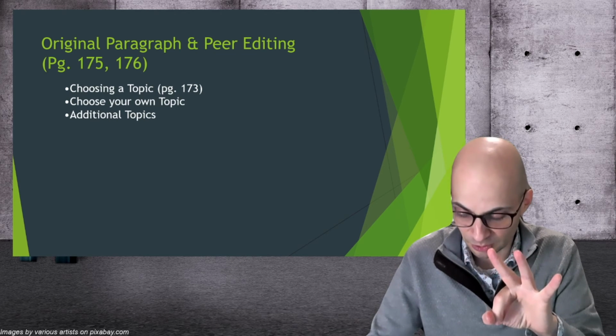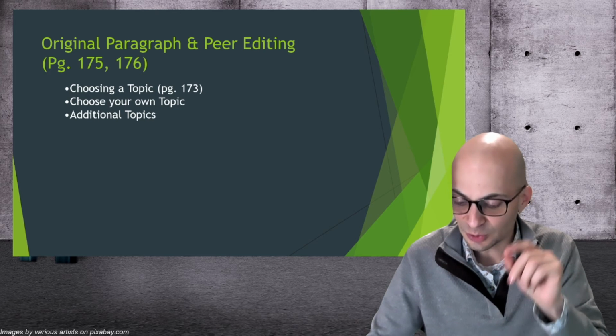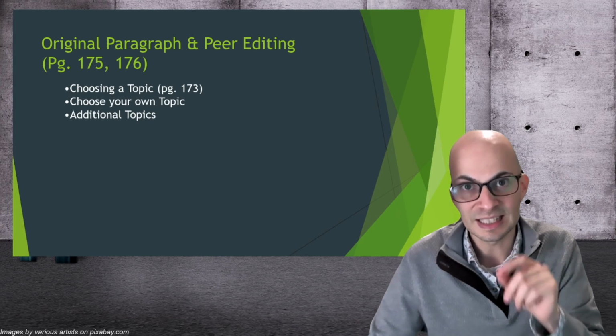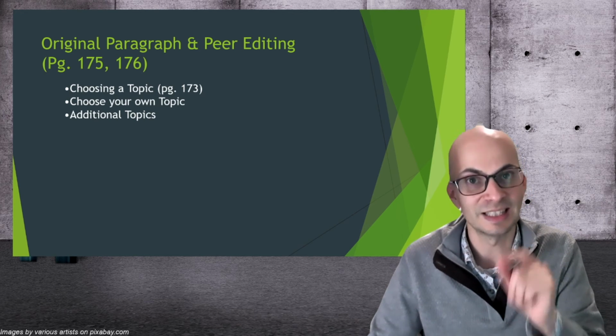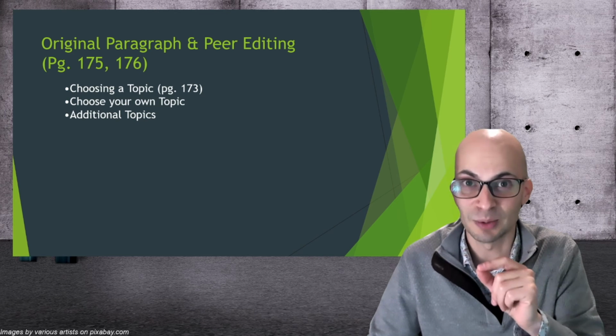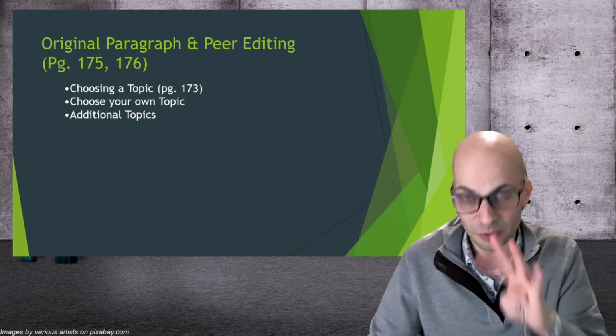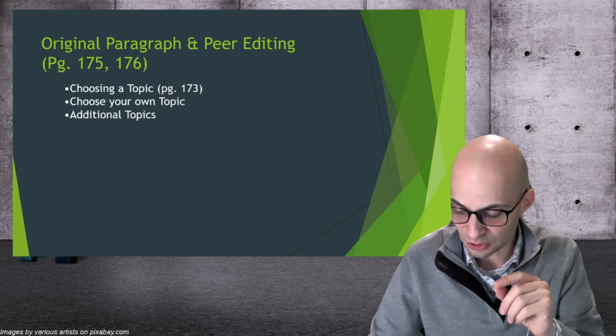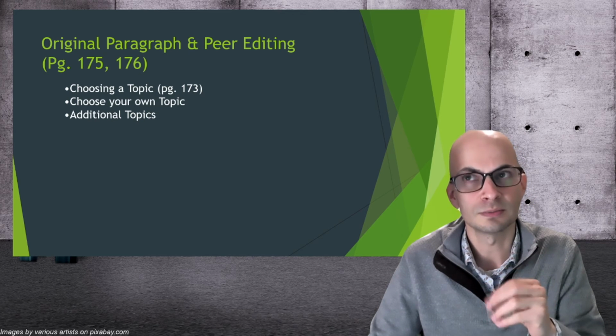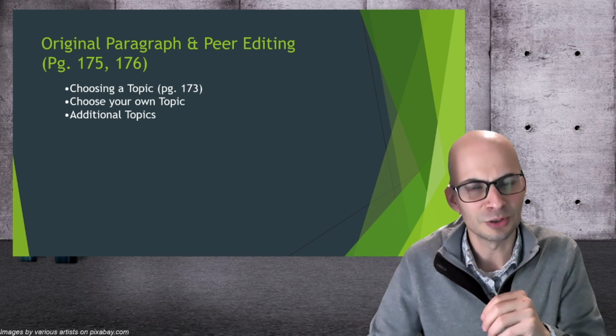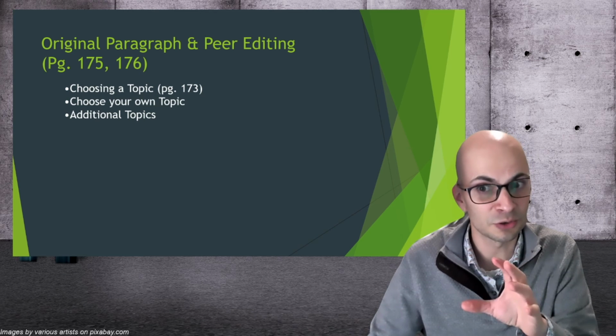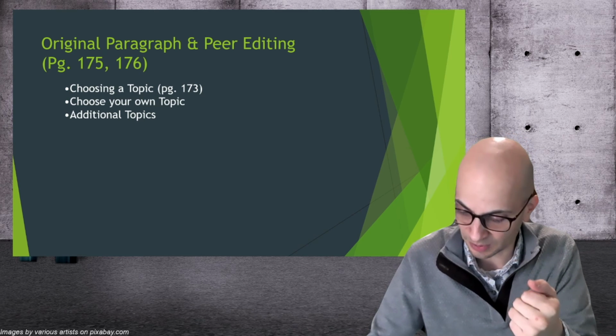Number 3, I think I like this one. Should women be allowed in combat positions in the military? Oh, that one's exciting. Number 4, when should a person be considered an adult? I like that one too. It's not really controversial, but you can certainly have some really good opinions on that.